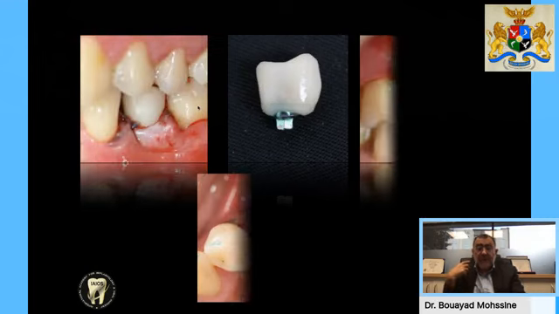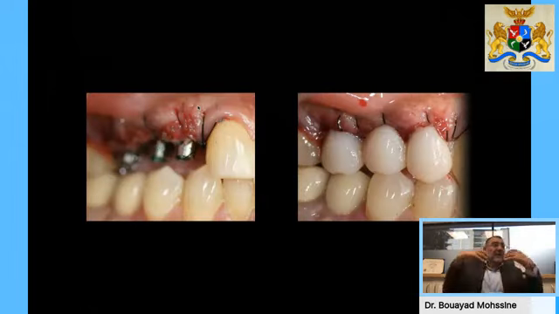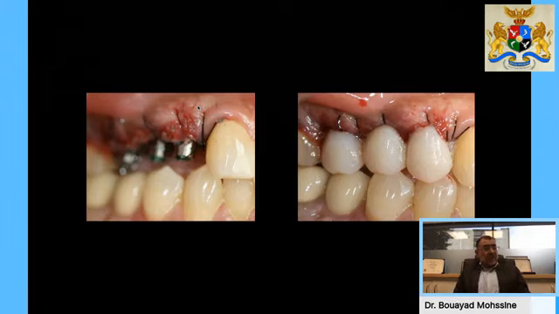We have to create a good temporary crown and a good condition around the implant and the good soft tissue to create a good environment to have a good emergence profile for our final crown.